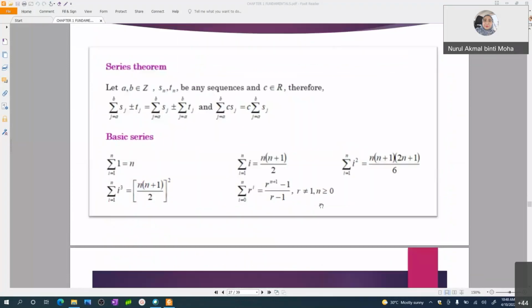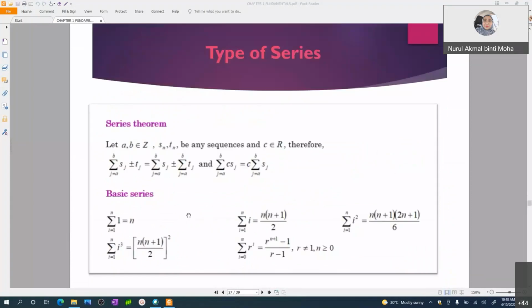And then we have what? So these are some theorems related to series. Okay, let A, B be in Z. So Z is an integer. Sn, comma Tn be any sequences, and C is in R. Okay, therefore the summation of Sj plus Tj, this is the series, the sigma symbol, starting from J equal to A up to B will be, so what they want to show us here is we can actually segregate.